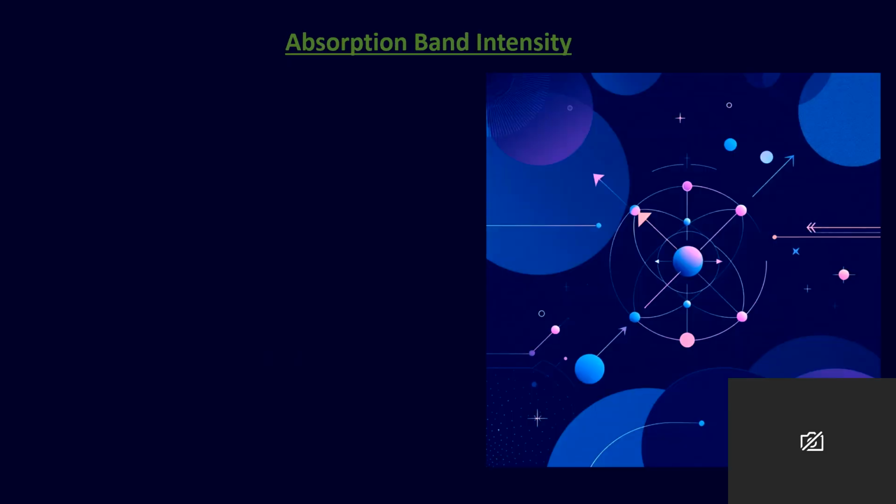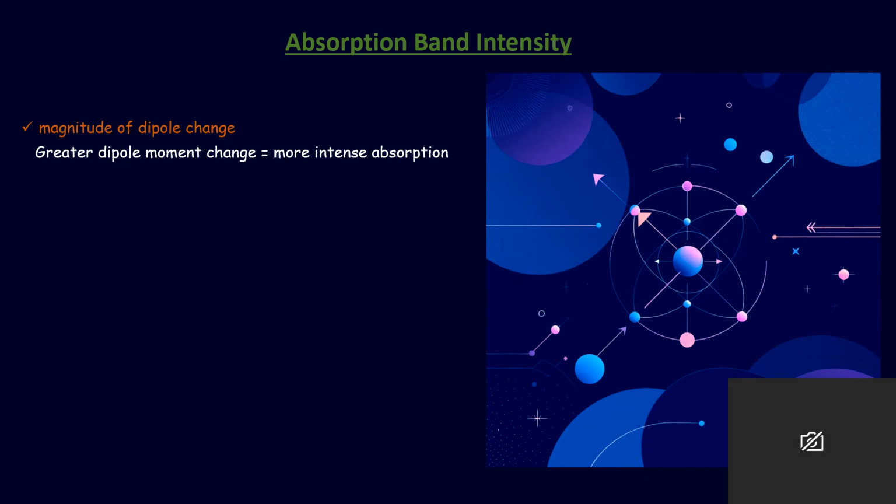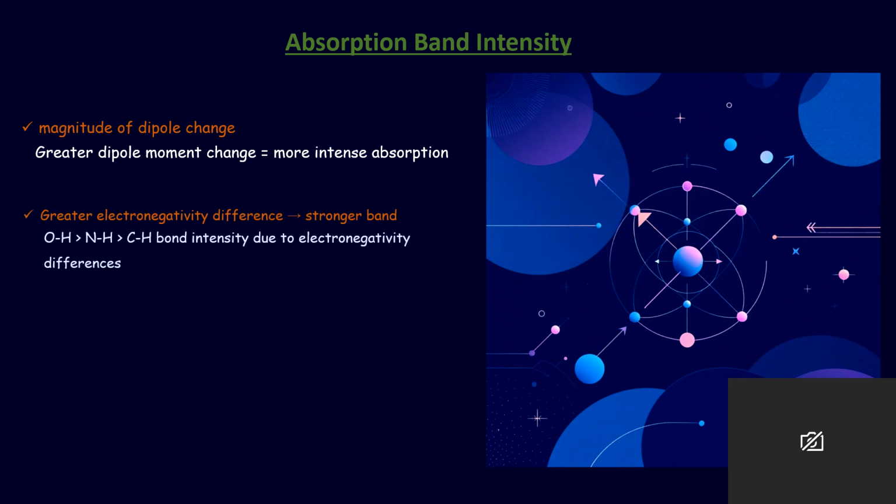After looking at what position the band will appear, we look at the intensity. Now we will measure what is the band intensity, means what will be the height of the band. It depends upon three factors. First is the change in the dipole moment. Greater the dipole moment change, greater will be the intensity of the band. Next is electronegativity difference.